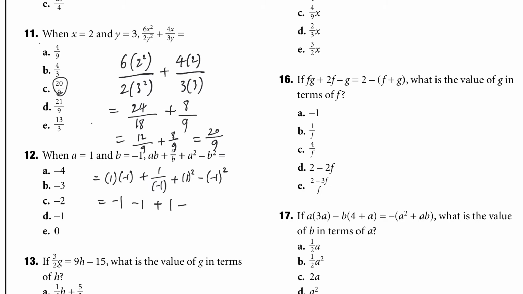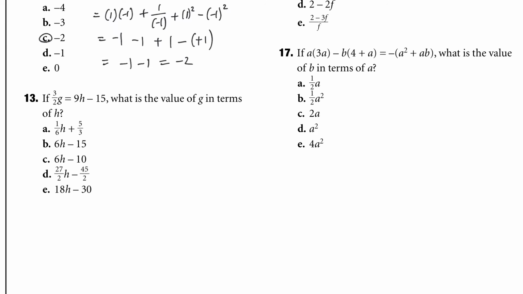And negative 1 squared is positive 1. So you have positive 1 like so. And negative 1 minus negative 1 plus 1 is negative 1. And then minus 1, negative 2. Answer is C.